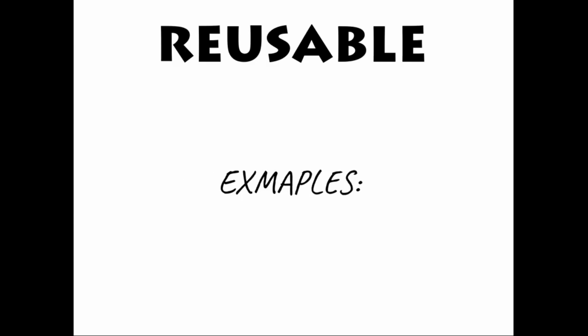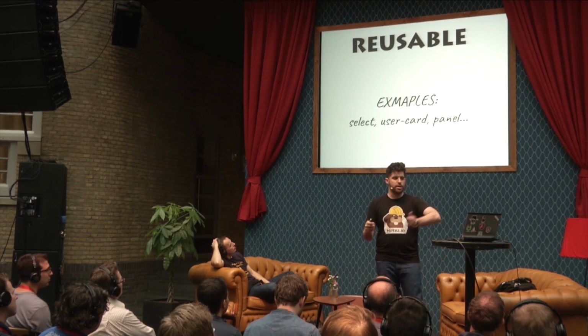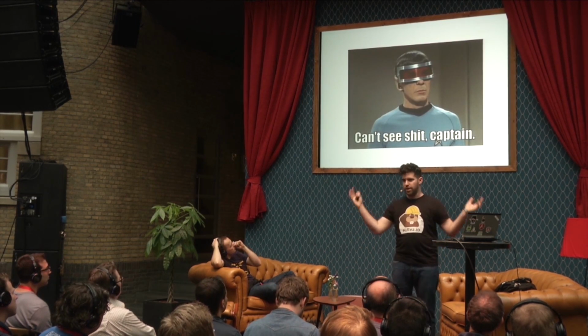Examples of dumb components are a select box, which we have from the browser, but also we can create a user card for different users, or panels, which can also be reusable, or buttons and such. And as I said, they are blind to the rest of the application.